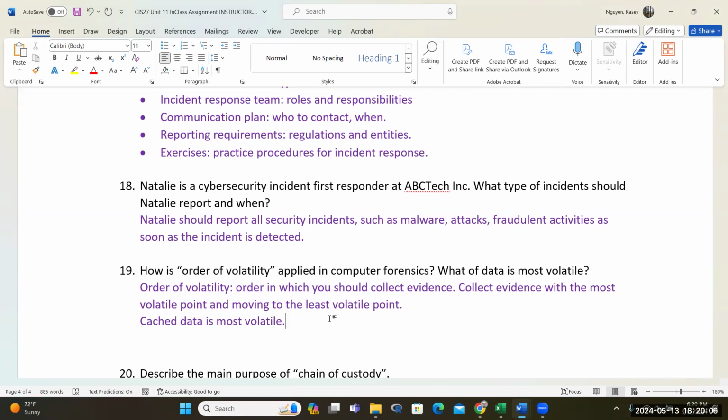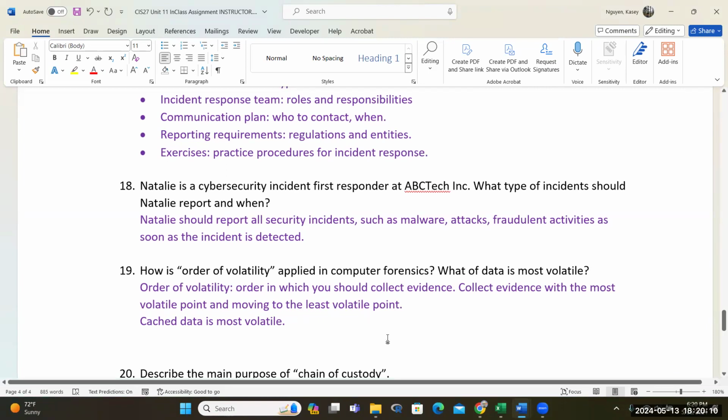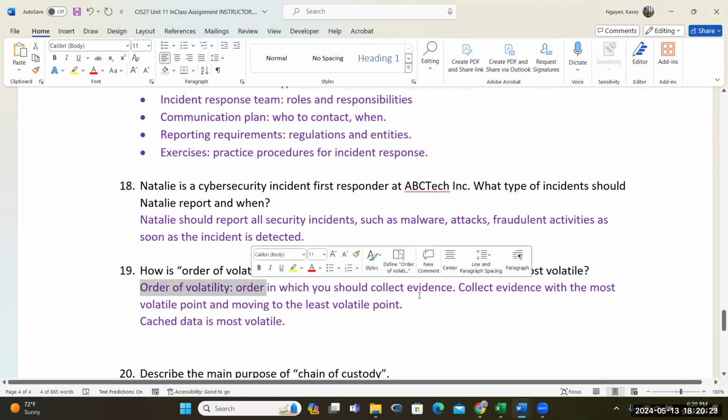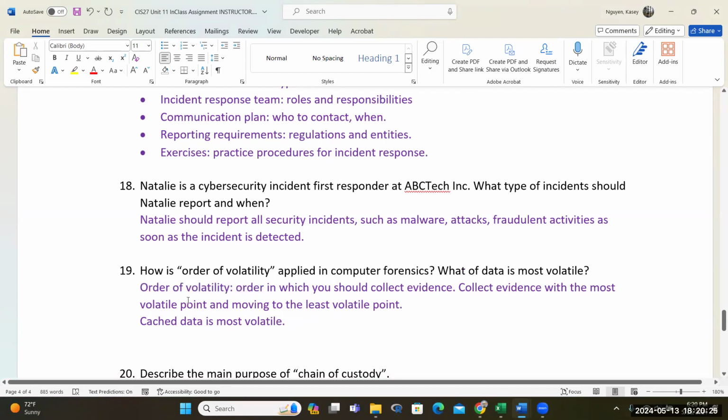Okay? But credentials and cookies are stored in RAM, and application process information is stored in RAM. So order of volatility just means that we move from the area that is highly volatile, collect that first, and move outward.